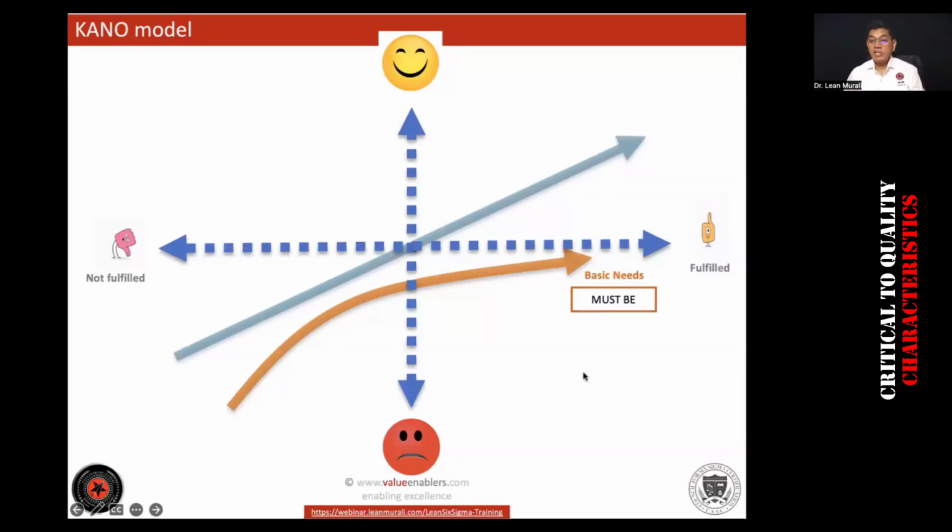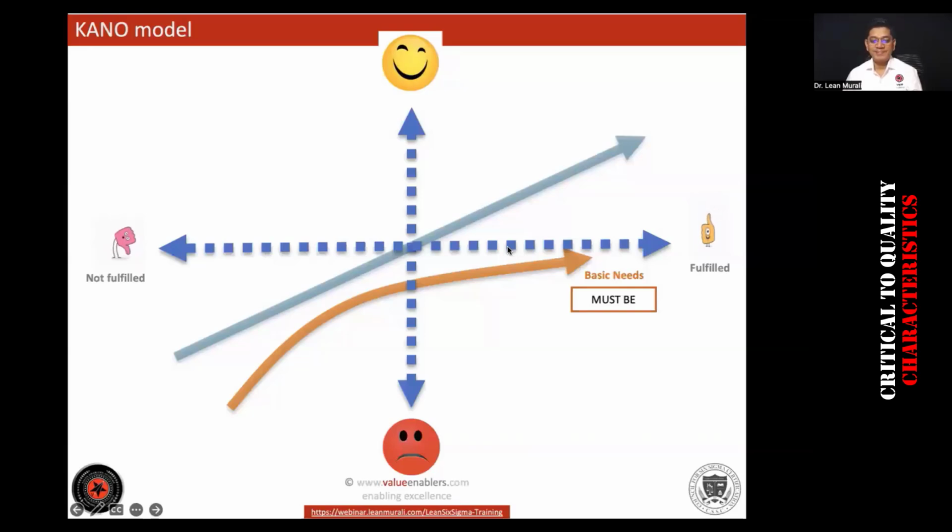Now, suppose I bought this bike and I observed the kilometers per liter, and I got 80 kilometers per liter. Am I going to be happy or sad? Happy, right? Suppose I bought this bike, which they guaranteed as 60 kilometers per liter, but I got only 40 kilometers per liter.